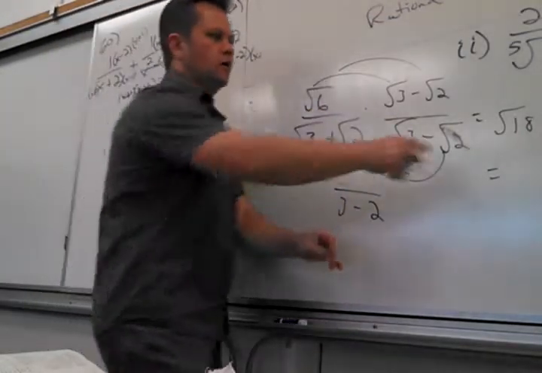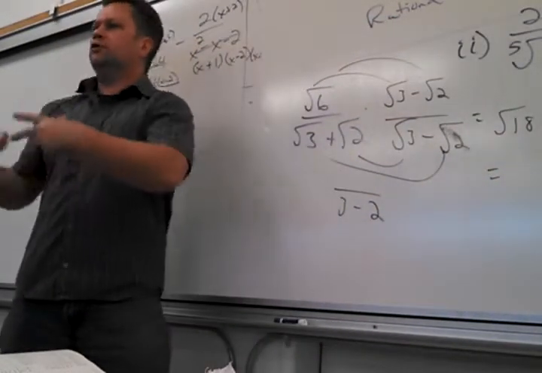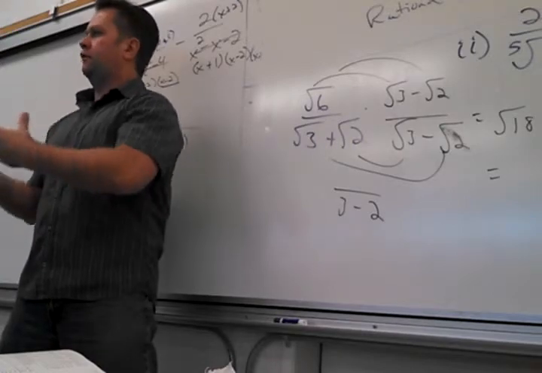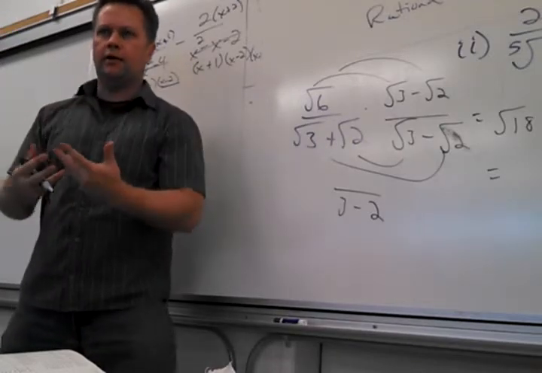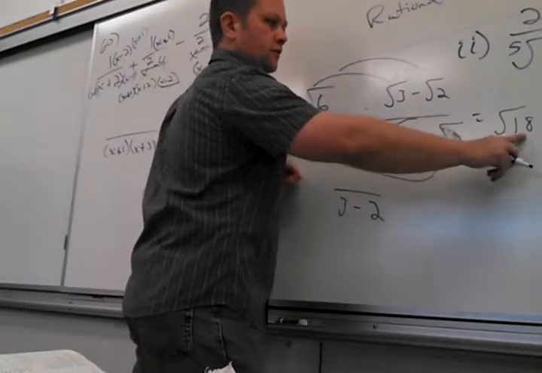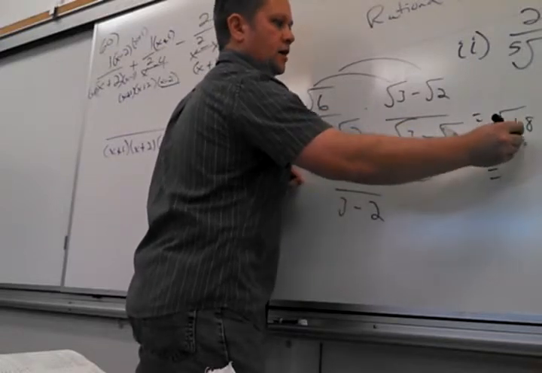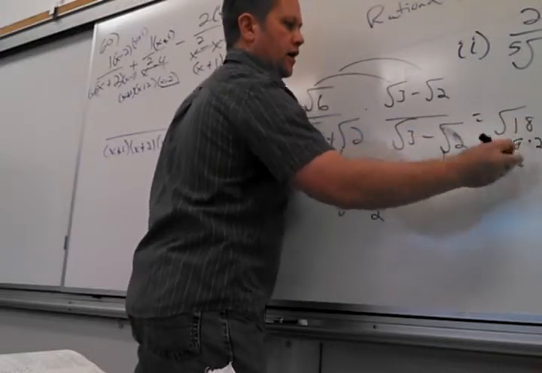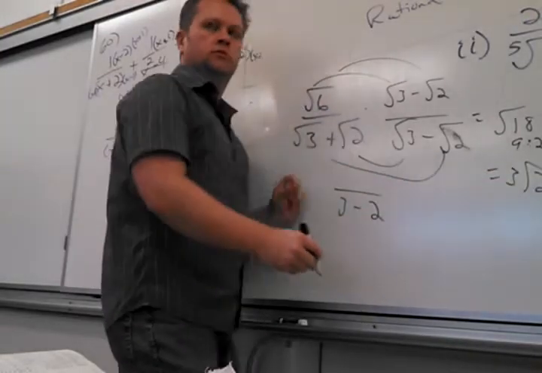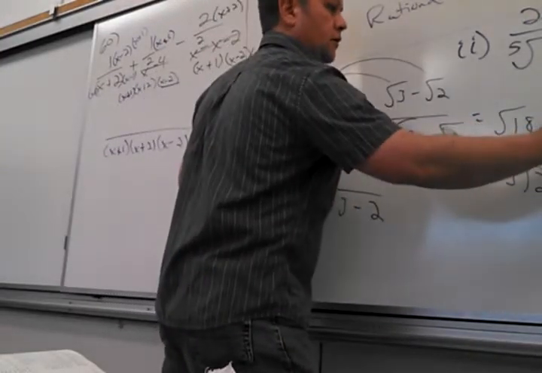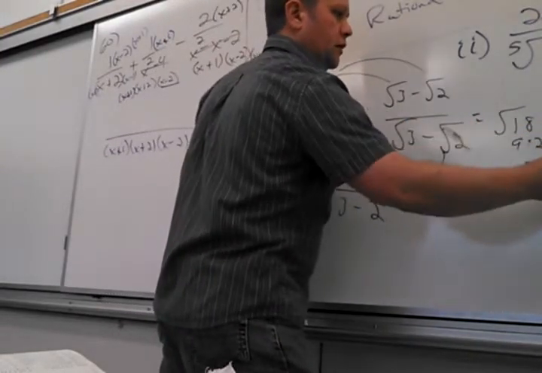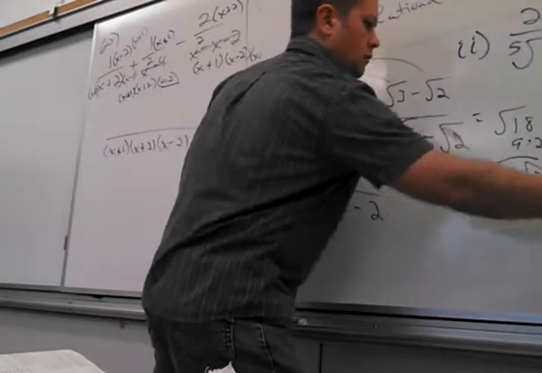So that's why I call this reducing the radical. It's not really reducing, but it feels like reducing a fraction. It's one last step I have to do. So how can I reduce this? Yeah, it's 9 times 2. So square root of 9 is 3, square root of 2, I don't know. And of course, that's 4 times 3. Square root of 4 is 2, square root of 3, I don't know.